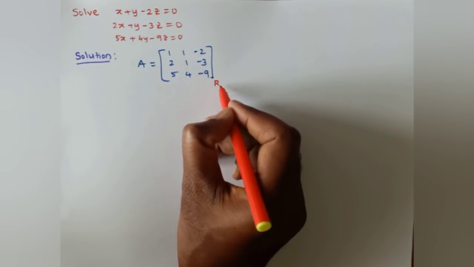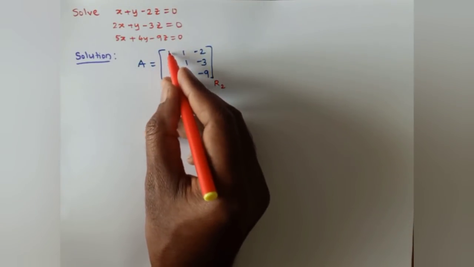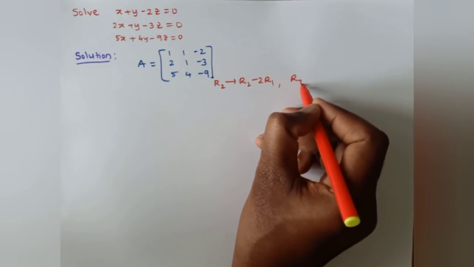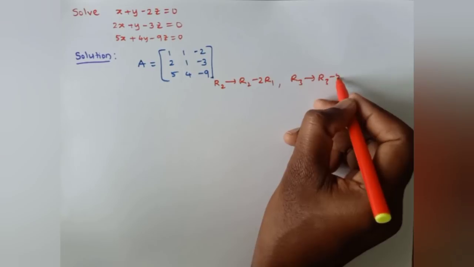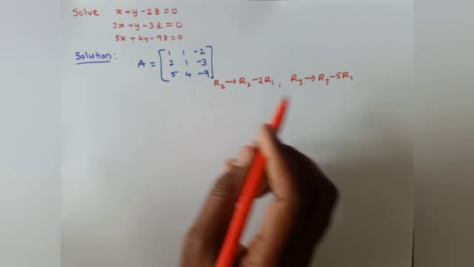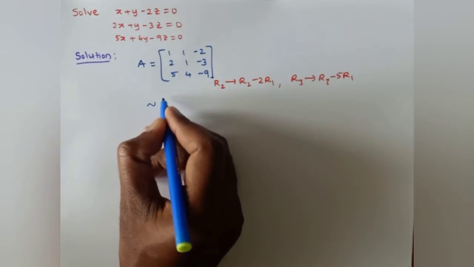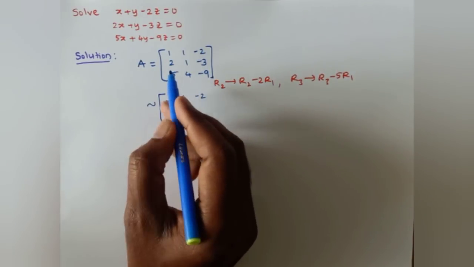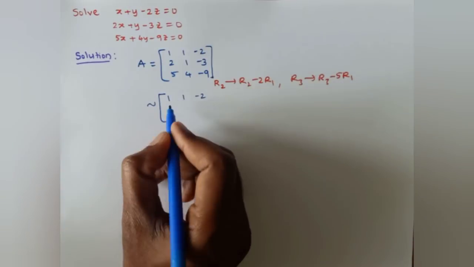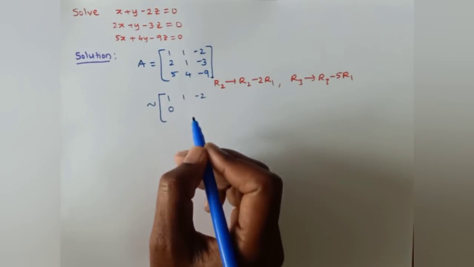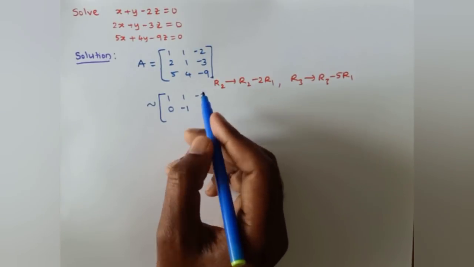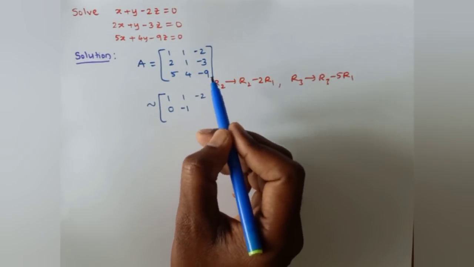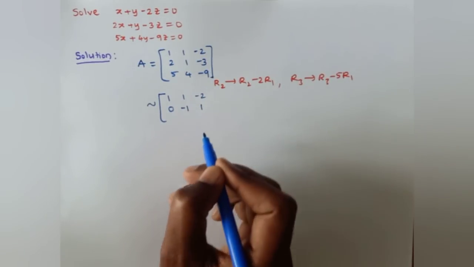Here I am applying the row operations R2 minus 2 R1 and, similarly, R3 minus 5 R1. So there is no change in row 1, that is as it is: 1 1 -2. Here it is 2 minus 2 is 0, 1 minus 2 is minus 1, and minus 3 minus 2 into minus 2, that is plus 4, minus 3 plus 4 is 1.